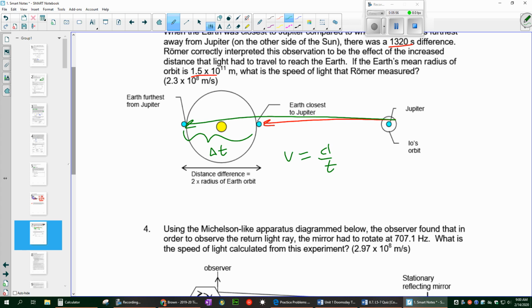And we know the mean radius, right? Just be careful on this one, because the mean radius would be from the center of the sun to the center of our planet, multiplied by 2. I actually need the diameter of this circle.